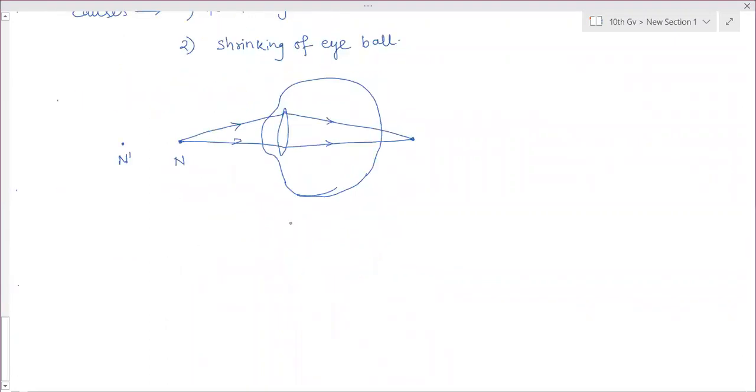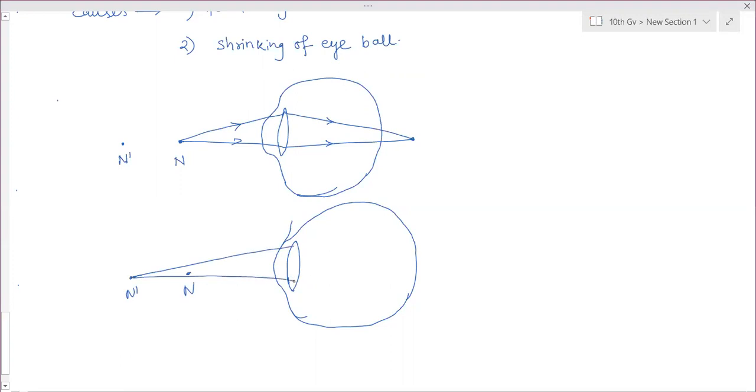But from N dash, if the rays fall, the image converges on the retina.